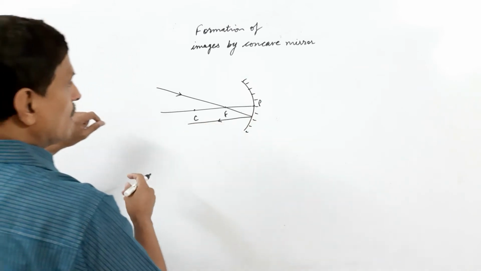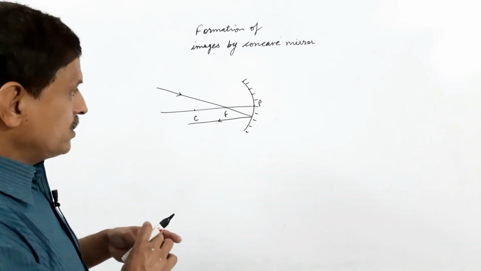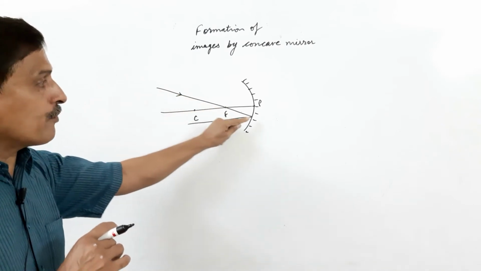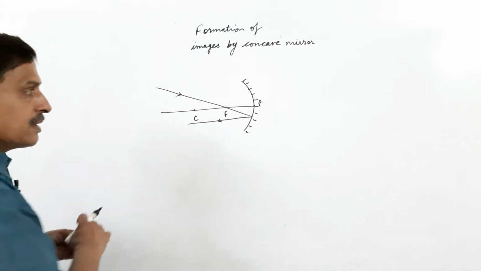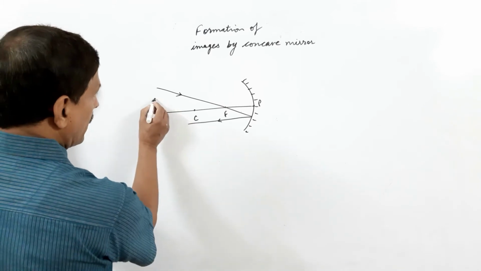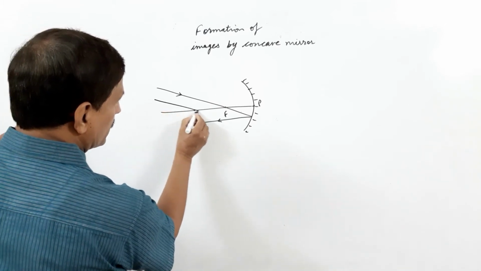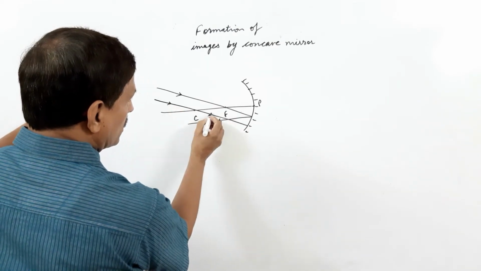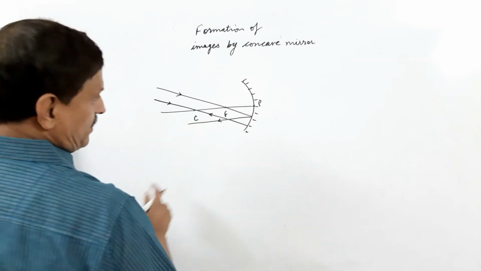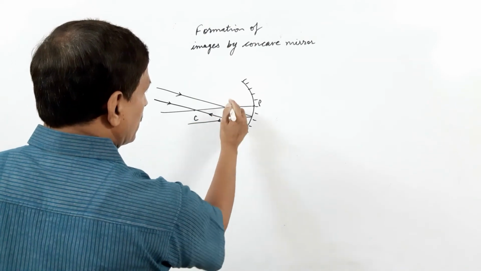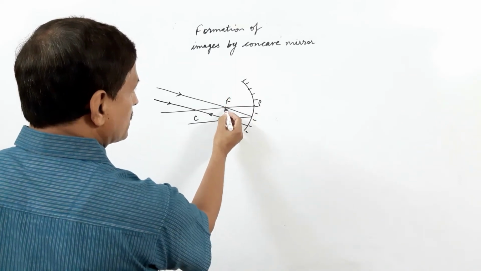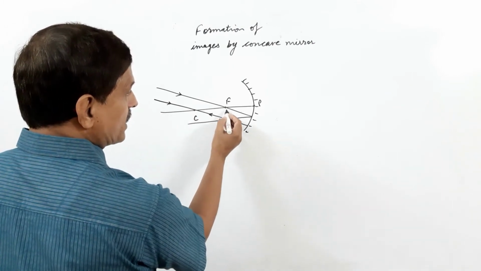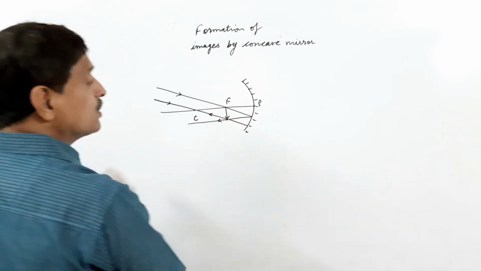We apply two different rules for the formation of images. First, a ray passing through the focus, after reflection, becomes parallel to the principal axis, and second, a ray passing through the center of curvature returns back along the same line. At this focus the two reflected rays intersect, and at this point of intersection the image is formed.